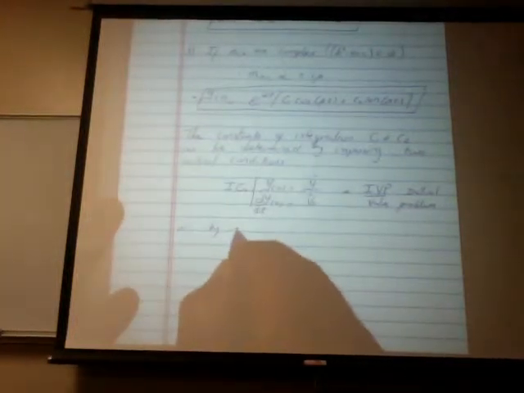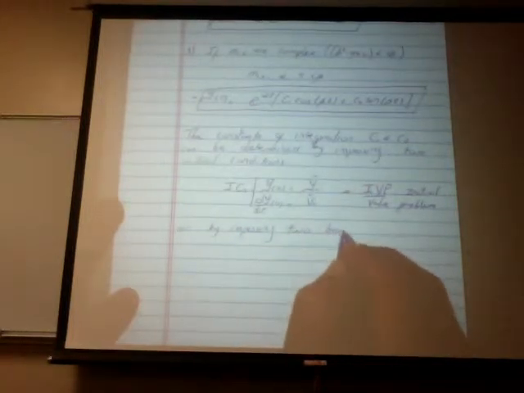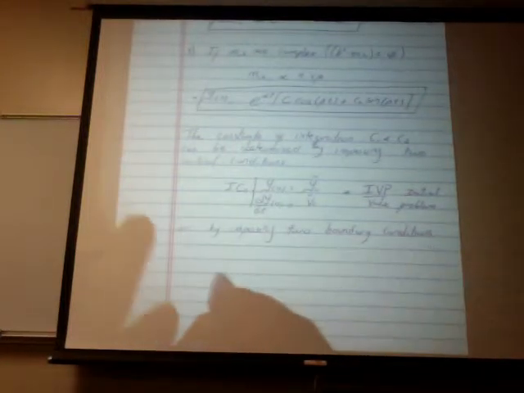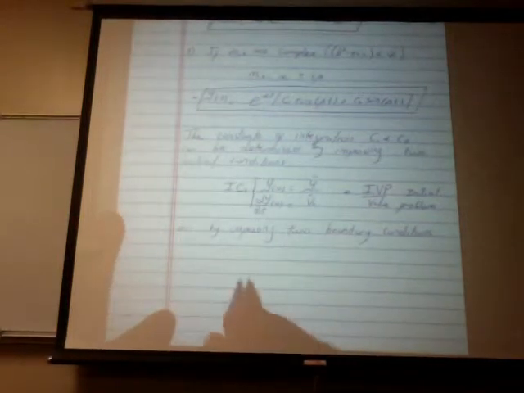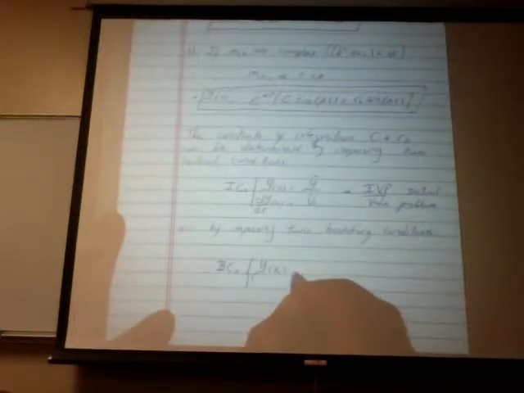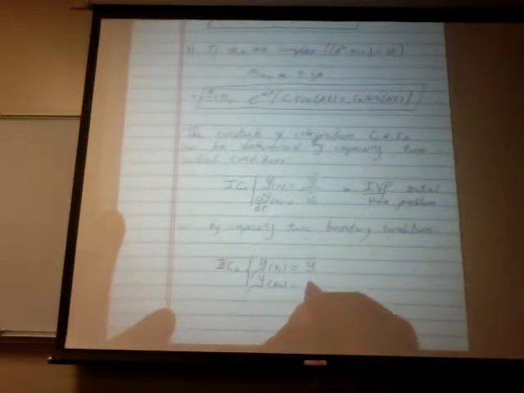And in the case when the function y is a function of space rather than a function of time, C1 and C2 are determined by imposing two boundary conditions. So we can say the boundary conditions can be, for example, y at x1 is equal to y1 and y at x2 is equal to y2.